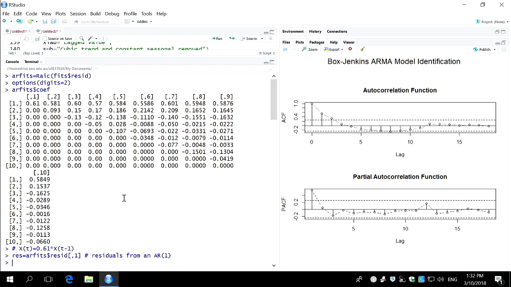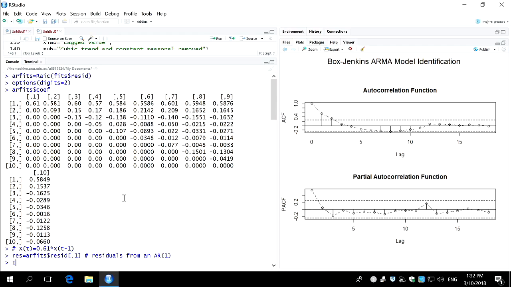Sixth column would give you the residuals from an AR6. I know it's boring. But wouldn't it be worse if it wasn't completely obvious? Because then I'd be getting emails going, why do you use the 14th column? You don't. You use the 6th column if you want an AR6. So really simple. Okay, so these are my residuals at the end.